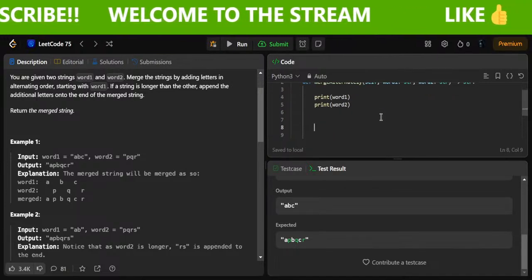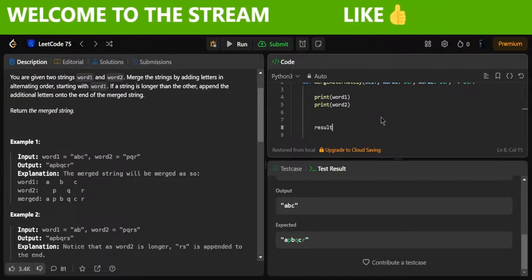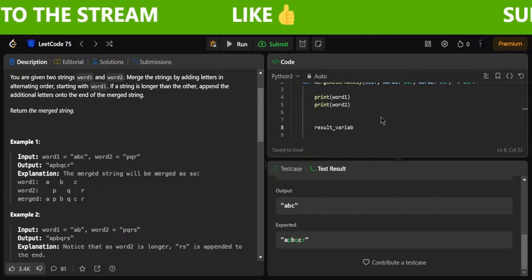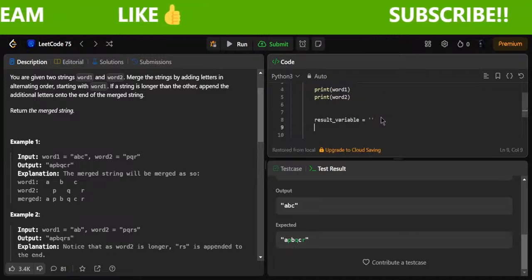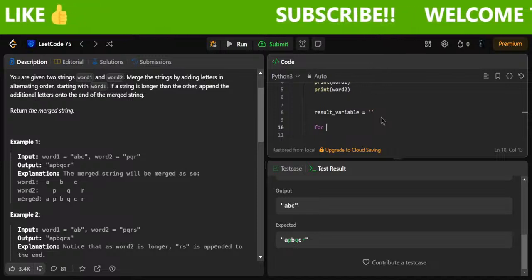So I will be taking a result variable. Okay, and let it be empty for now, and I have to do a for loop.